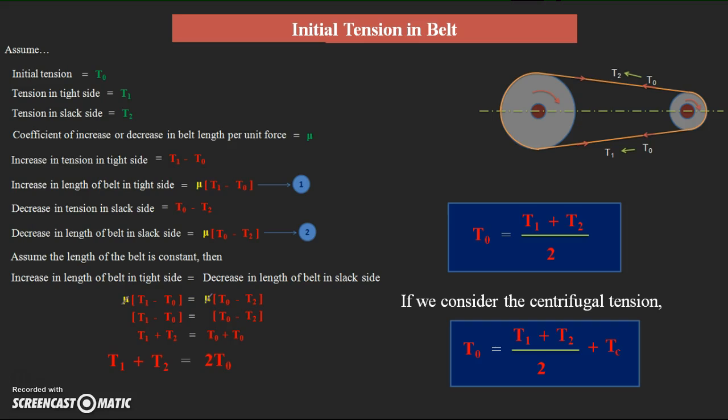This formula gives the initial tension when the pulley is under stationary condition with a tight friction grip over the pulleys. With a proper grip we mount it, and during that grip it has a certain tension, the initial tension under stationary condition.